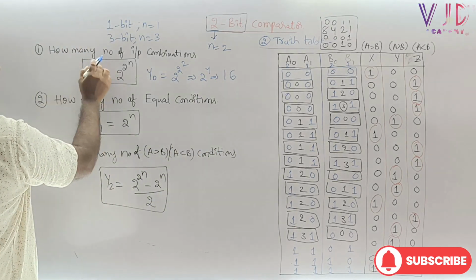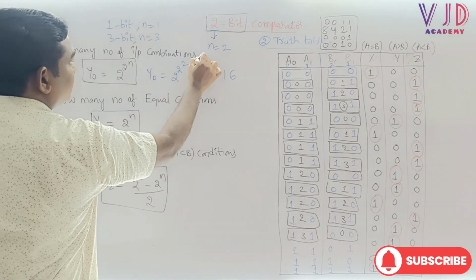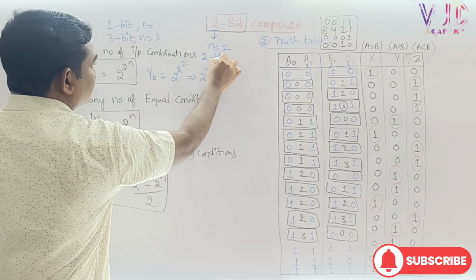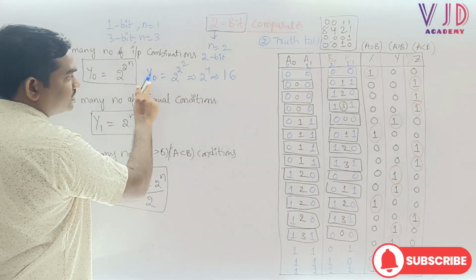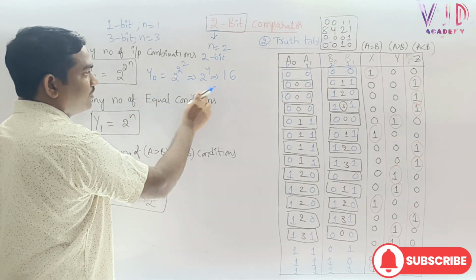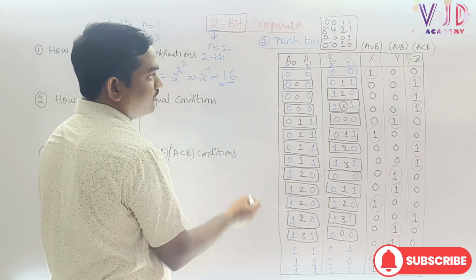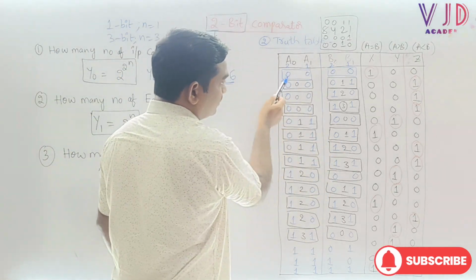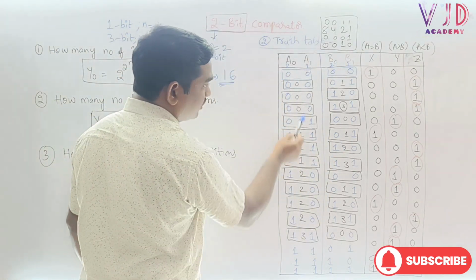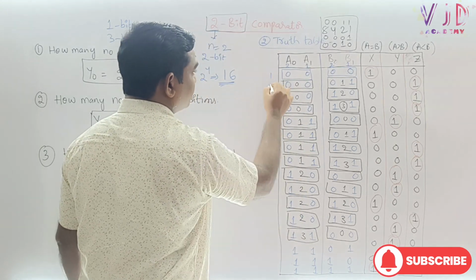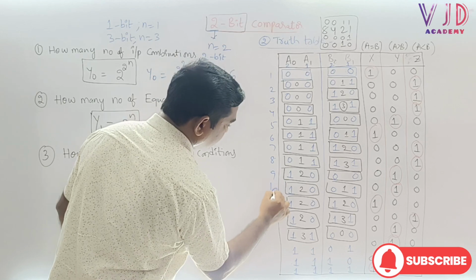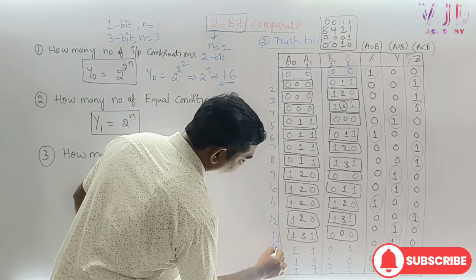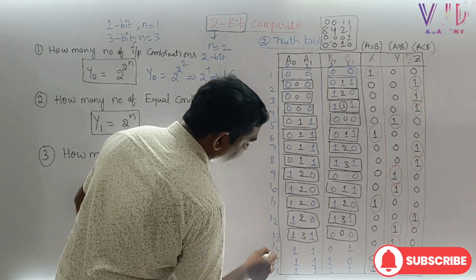How many input combinations for a 2-bit comparator? If the question is asked, the solution is y0 equal to 2 power n, total 16 combinations. If you count from 0 to here, total 16 combinations are there: 1, 2, 3, 4, 5, 6, 7, 8, 9, 10, 11, 12, 13, 14, 15 and finally 16.